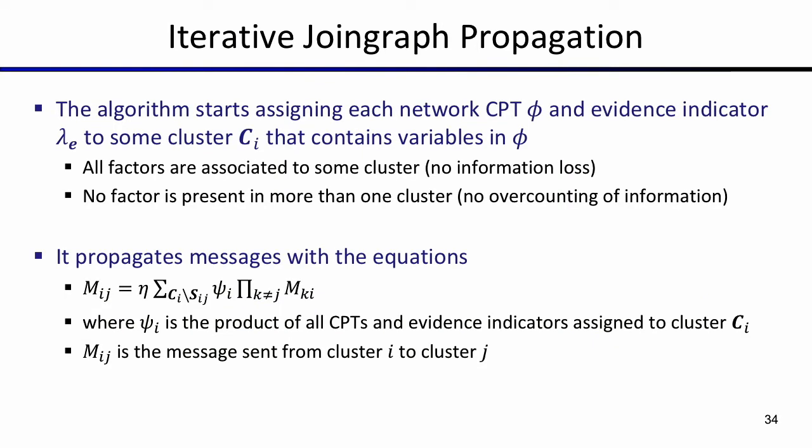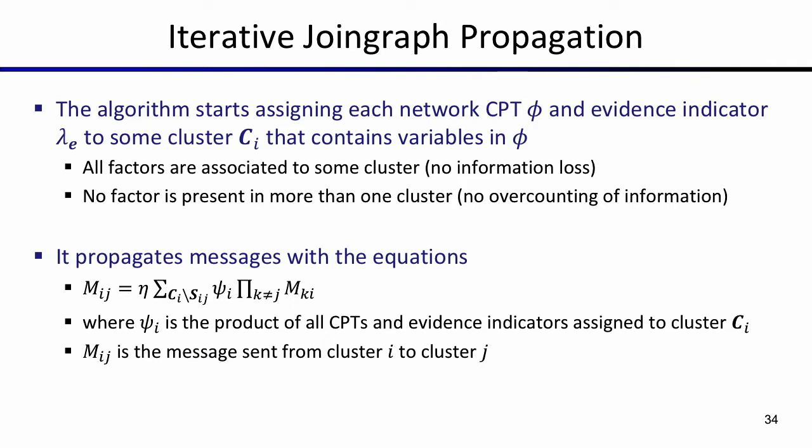So the algorithm has the same ideas and the same structure that we had before when we defined the joint tree algorithm as well as the iterative belief propagation algorithm. So we start with the factors that we have in the network, and we need to associate those factors to the clusters that we have in the joint graph.